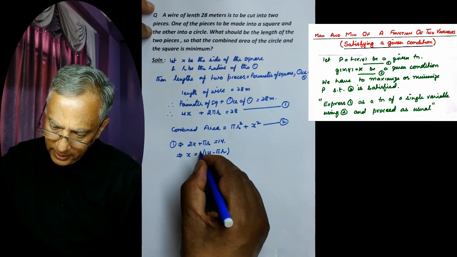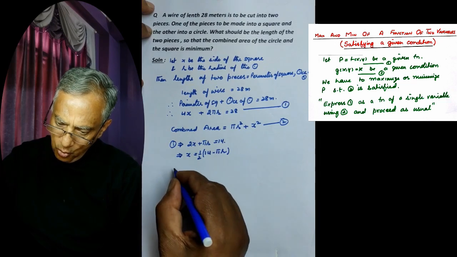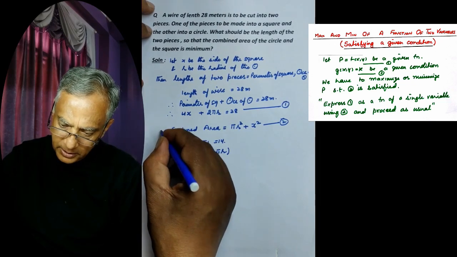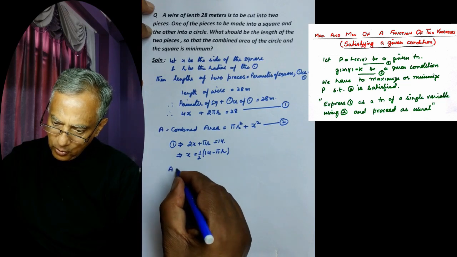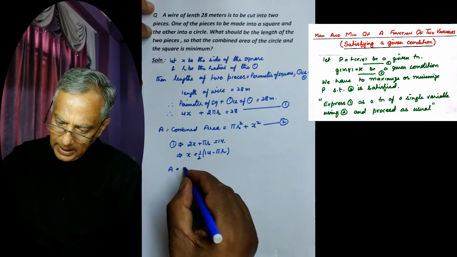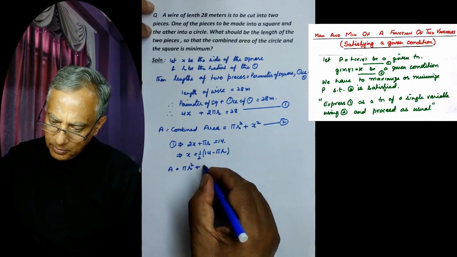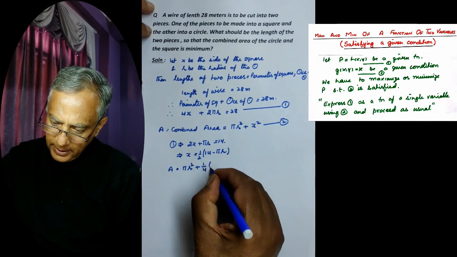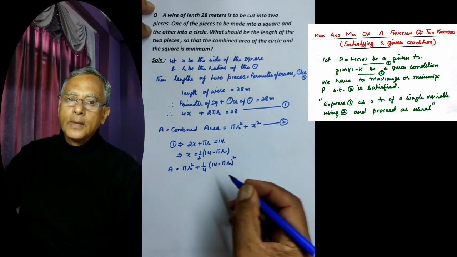That is 1 by 2 of 14 minus pi r. Substituting in 2, let us call the combined area A. Then A is equal to pi r square plus x square. This will be pi r square plus 1 by 4 into 14 minus pi r whole square.